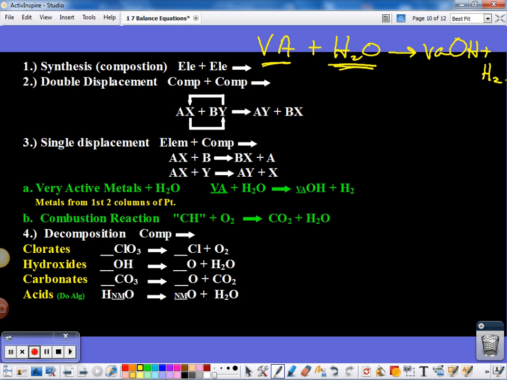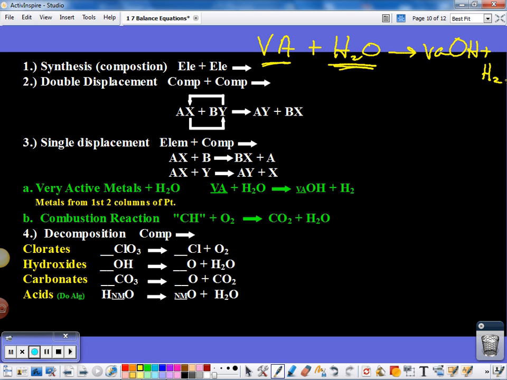You kick one of the hydrogens out. Now I explain it like this, or I give you a visual like this. Very active metals are very hyper. So when they run in and they see a water molecule like we have here, two hydrogens and an oxygen, well, they come in so fast they knock one of the hydrogens out of the way and bond to what's left over because they are so active.